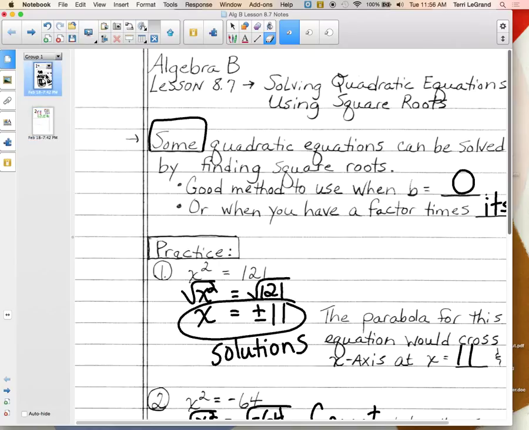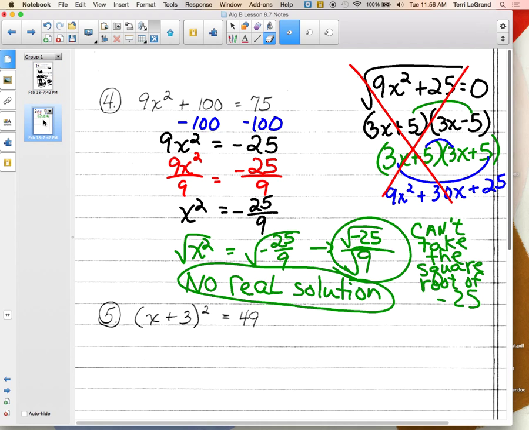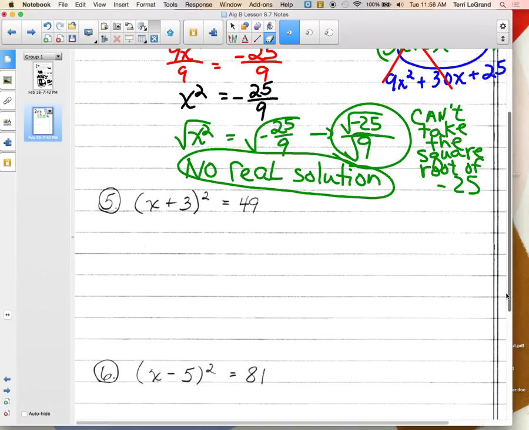What was the other scenario? Good method to use when b is 0, like it was in this one and another one further down, or when you have a factor times itself. Let's go to the back here. Is this a factor times itself? Yes, it is.